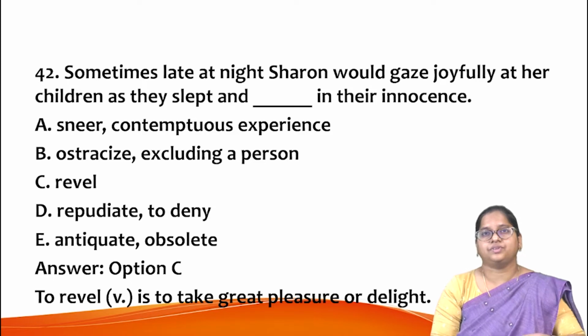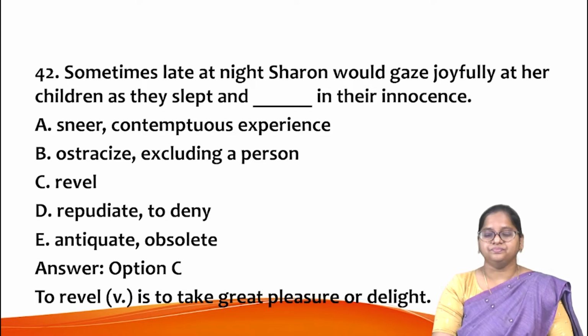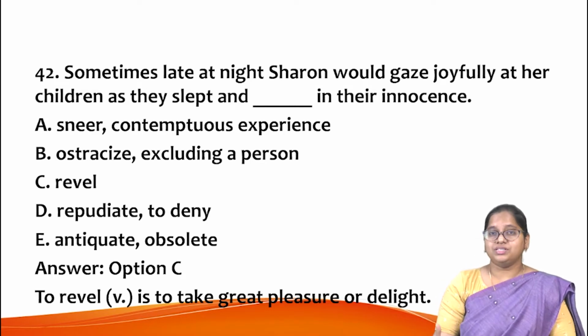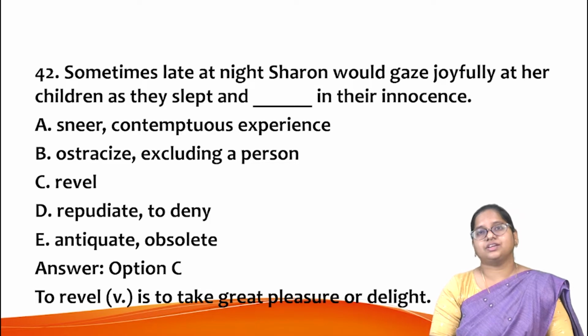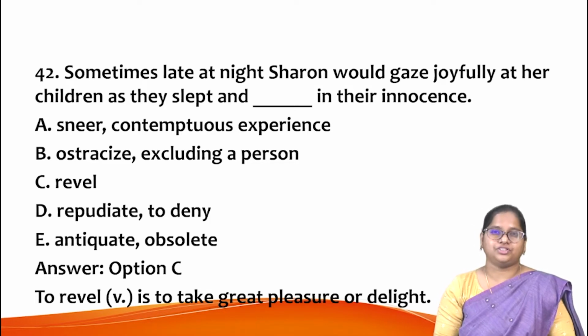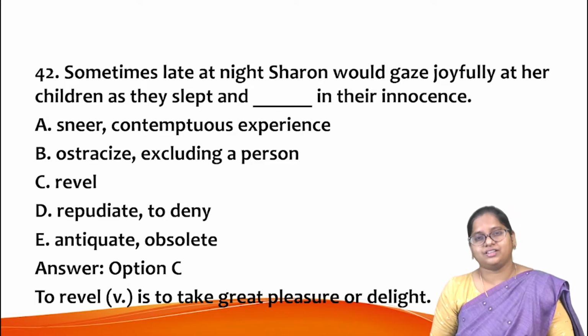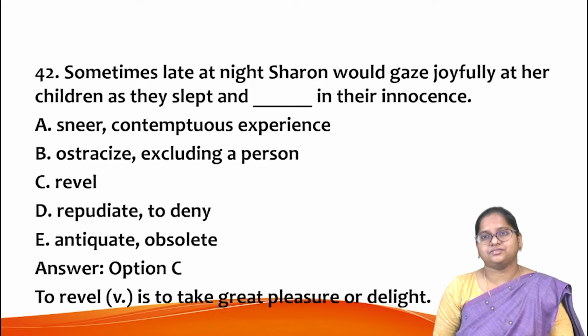You can take this option as the right answer. When she looks at them at night, she takes pleasure in their innocence, in their purity. That is the sense created in the sentence.